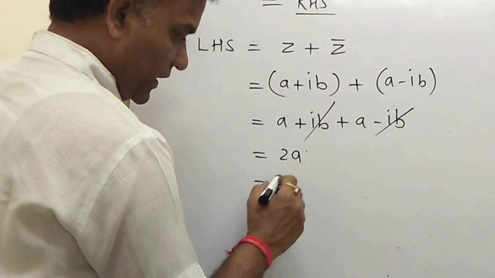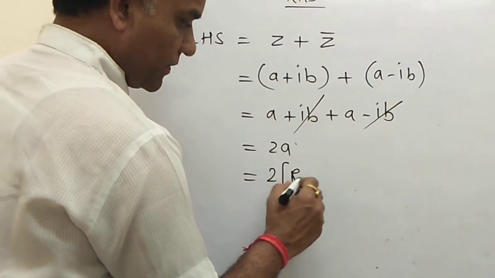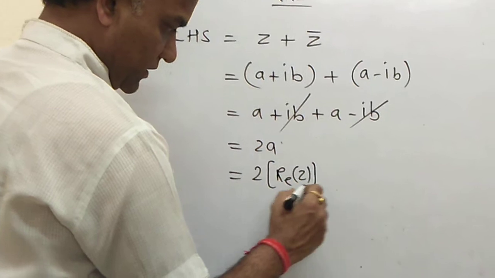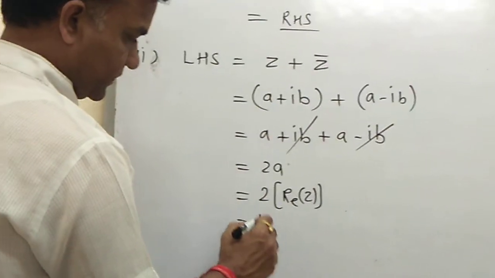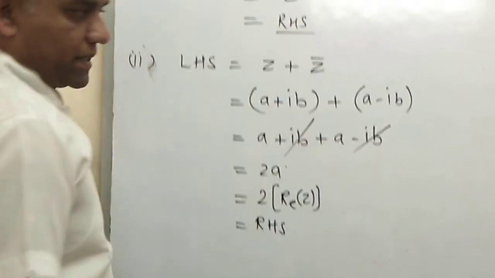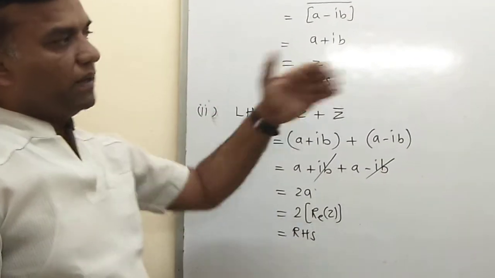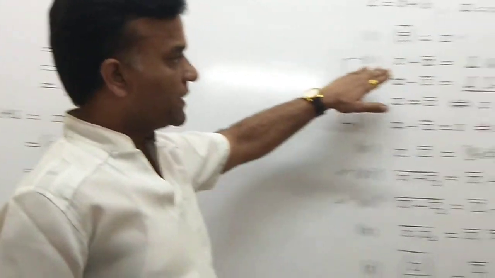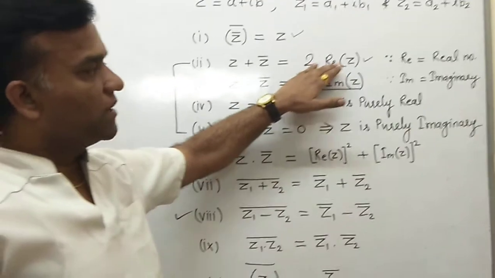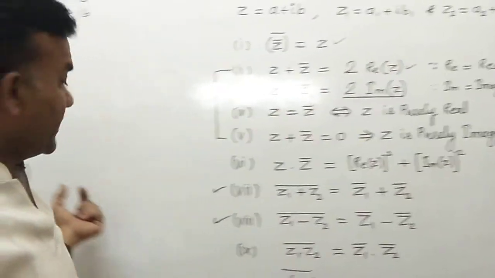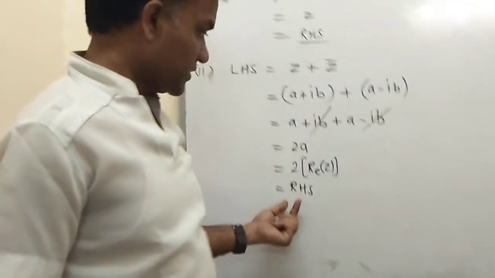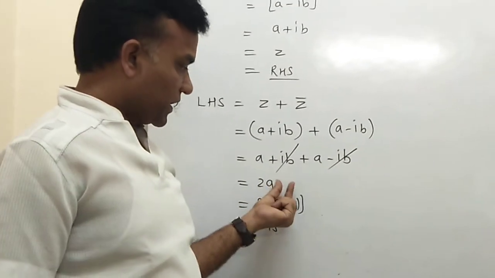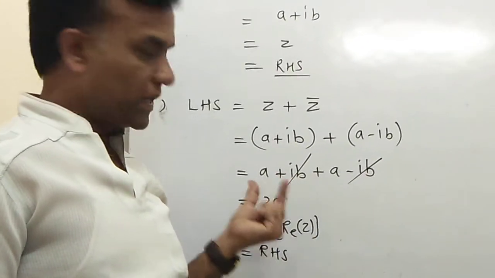A is purely real, so this is the real of z. Therefore, on the right hand side, z plus z bar is 2 times real of z, where Re means the real part of the complex number, because the resultant value is without i, therefore it is real.